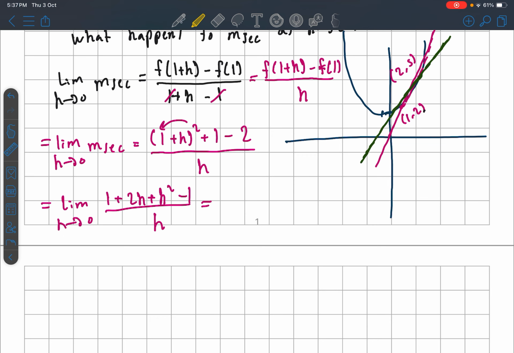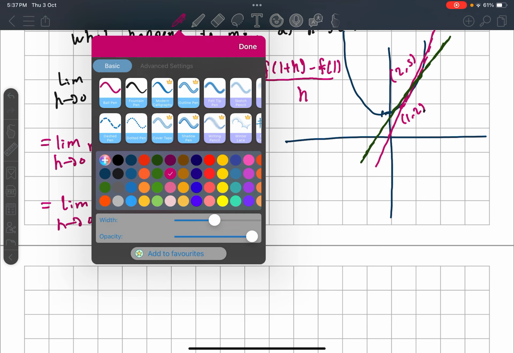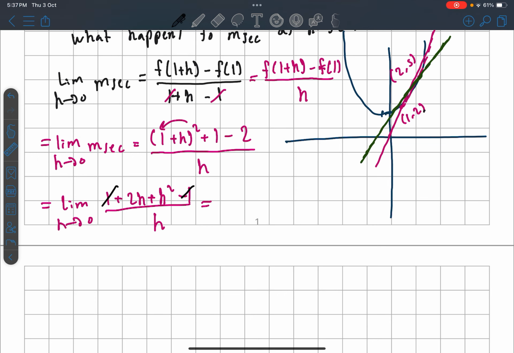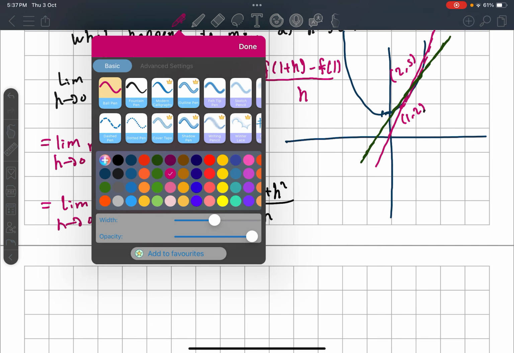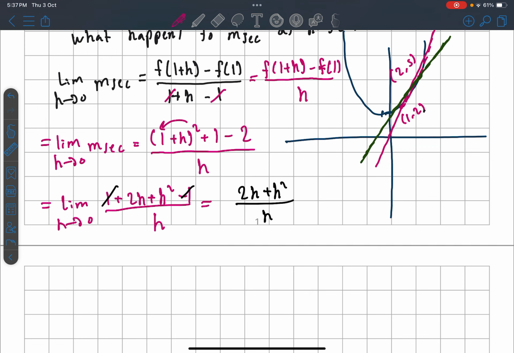So 1 with 1 cancel, so it becomes (2h plus h squared) over h.